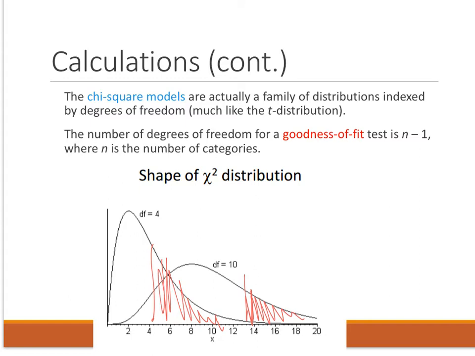When we go to a two-way table, contingency table, it's a little bit different calculation. I'll show you that. So the bigger the degrees of freedom, the more flattened out, and that gives you the idea what it is. So basically all we want to do is figure out what is that tail area, and that'll be the p-value, and we can decide whether that's really big or really small.